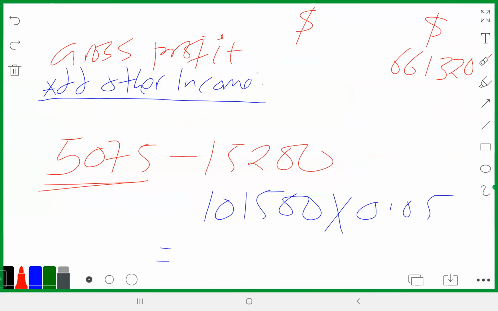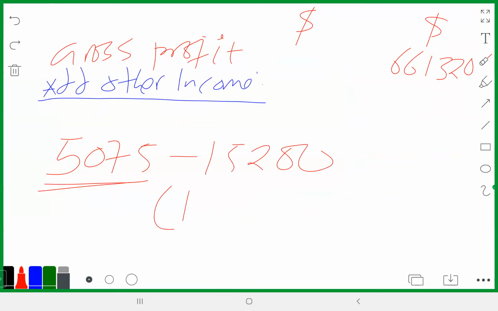Can you do your mathematics? What do you find? 10,125.